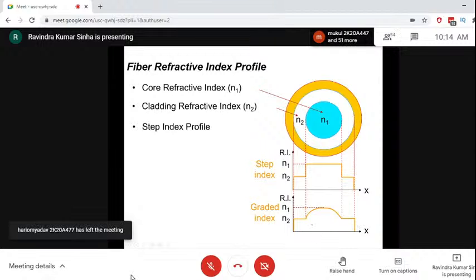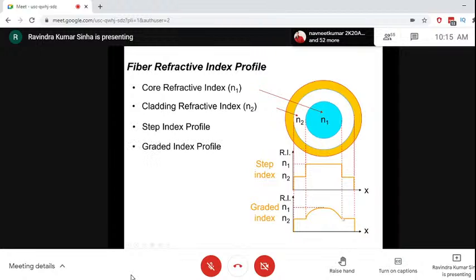Again, graded index fiber can be of many types. If the grading is like this, we call it parabolic graded index fiber. If the grading is linear, in this manner, we call it linear graded index fiber. And the difference between n1 and n2 is very small.